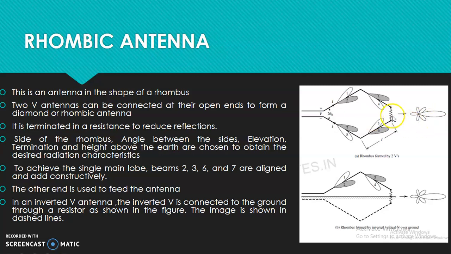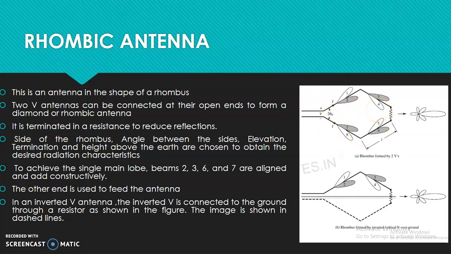In the V antenna also, to reduce reflections we used one resistance at the end RL, or we divided it into two sides like RL by 2, RL by 2. That is how we reduced reflections by using a resistance in the case of V antennas, and here also the same is done.